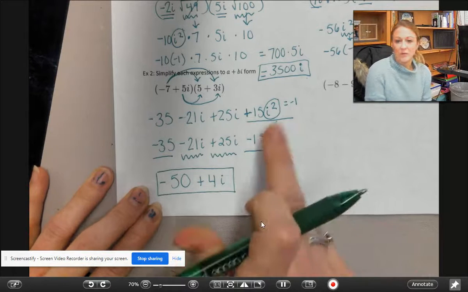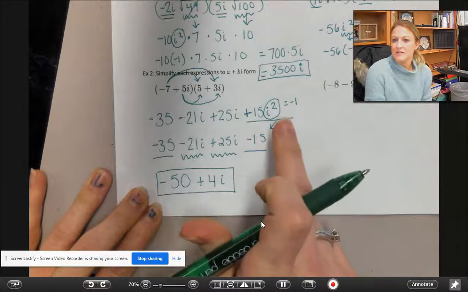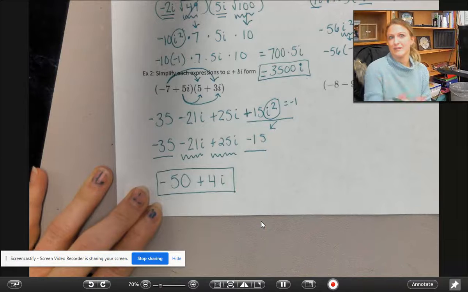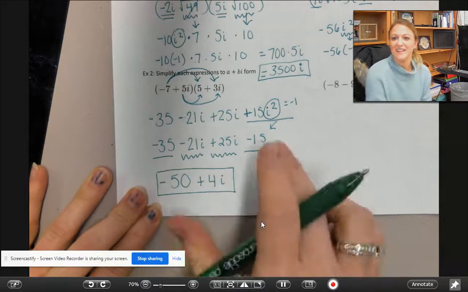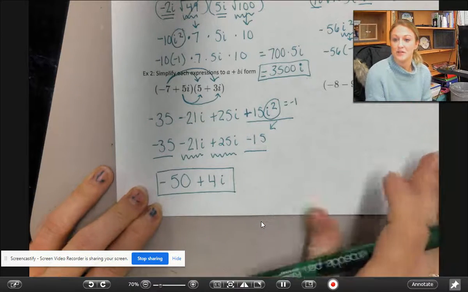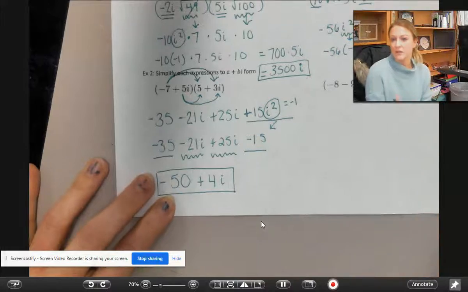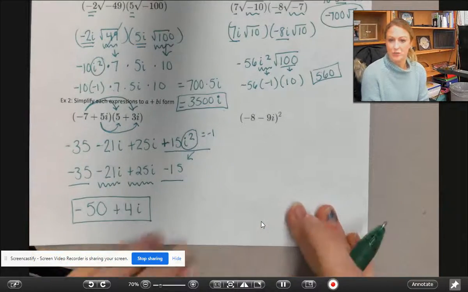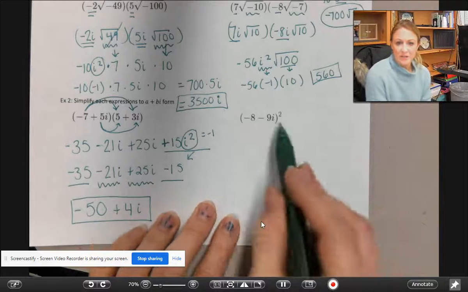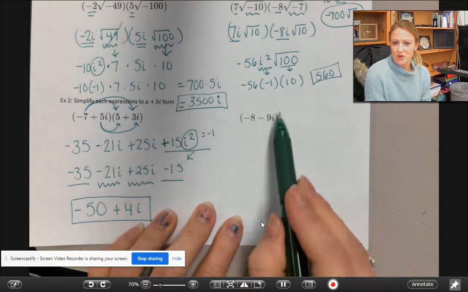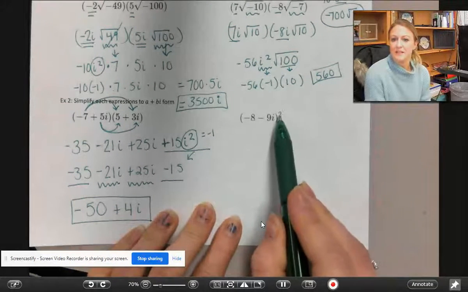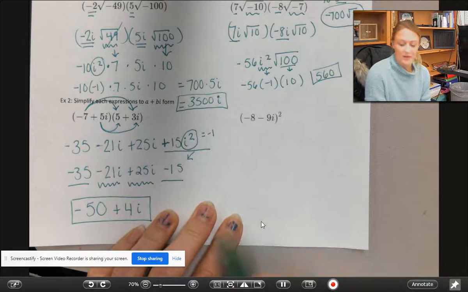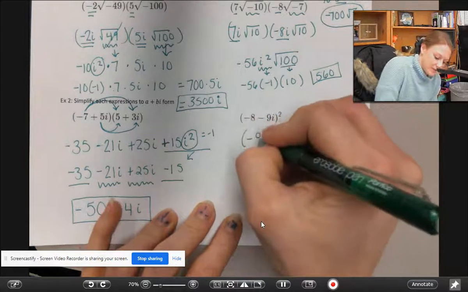So like I said, the only piece that you really have to remember is, we're used to seeing x squared and it just stays with us forever, right? This one we have an i squared and we have to remember to translate it to negative 1, doing our powers of i's rules. This one is the same idea here, but just notice we have to expand it. This means you have 2 of these binomials being multiplied by each other. And so let's expand it.